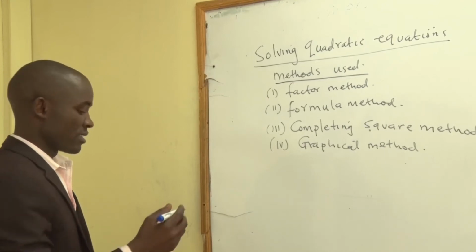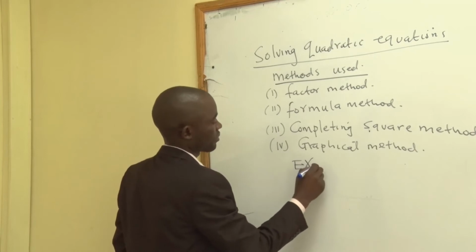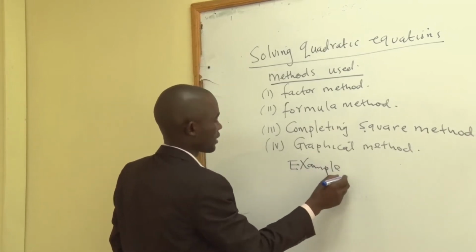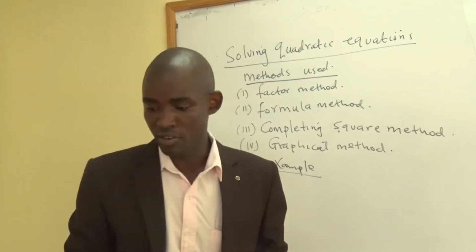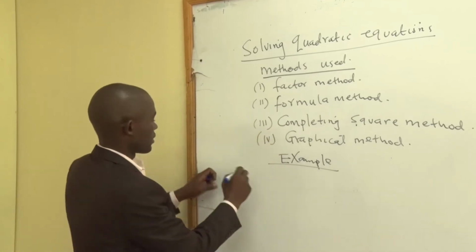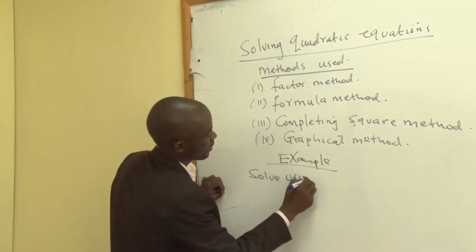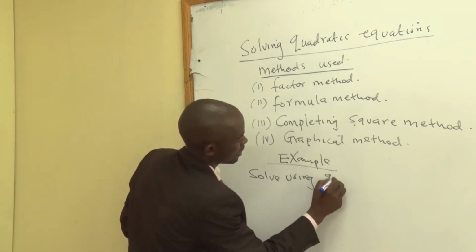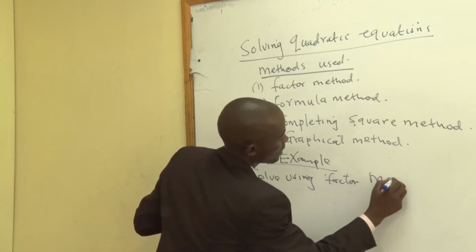So my next move is to look at an example so that we are able to solve such an equation. We'll take the first example: solve using the factor method.